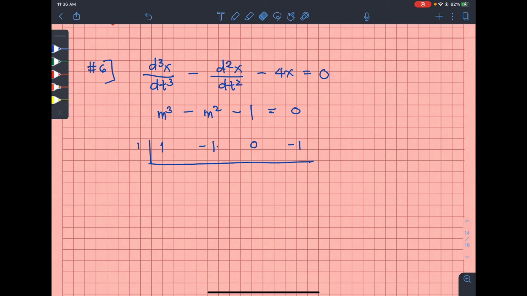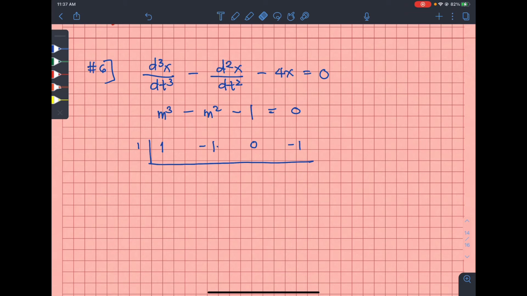So, since hindi siya root, we have to change our trial. So, ano kaya ang pwede nating itry? Ayun. Ito na ang problema dito. Okay? So, the problem with this is the roots are not actually integers.